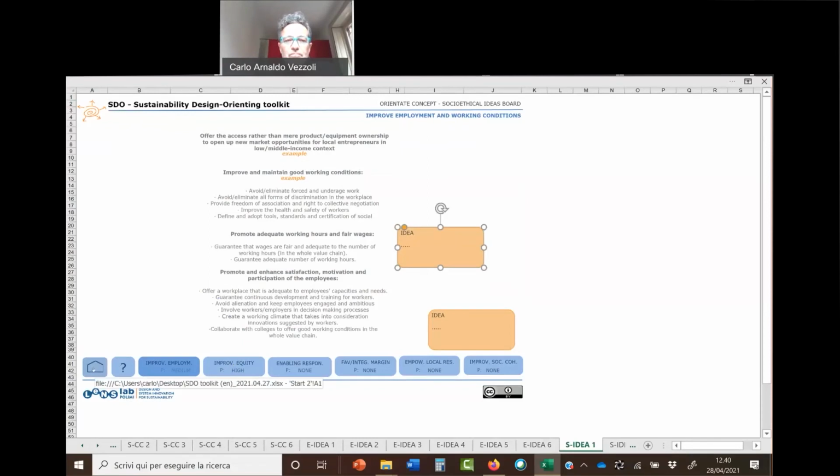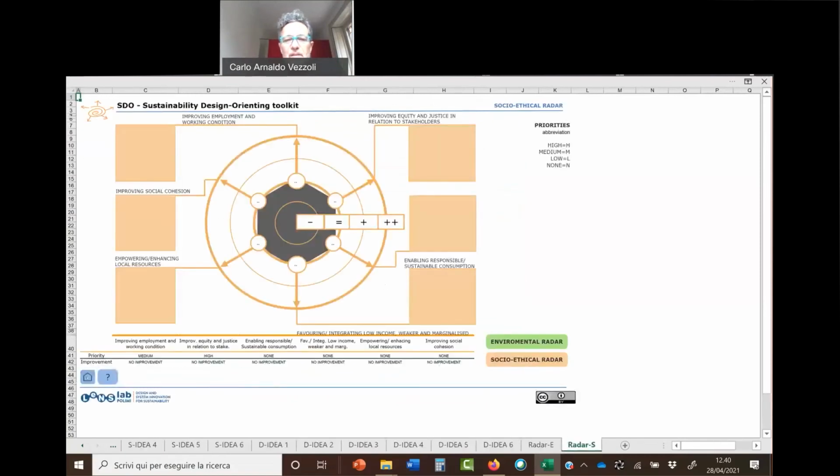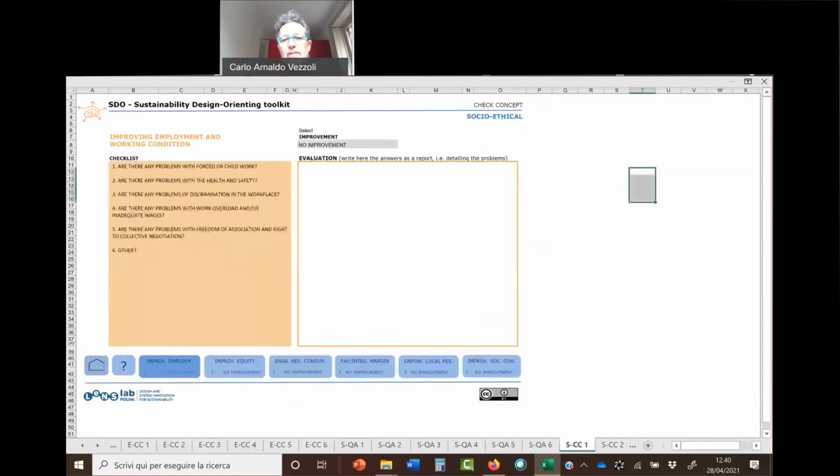As I said to you, the ideas, both the environmental and the socio-ethical, will be reported with different colors to be recognized on the innovation diagram, or they can be transferred on the radar. Here you can check the concept when this has been developed in relation to the different criteria, and now I believe you understand.